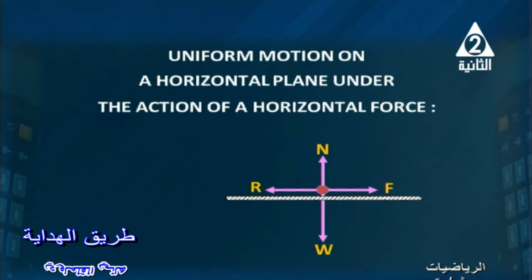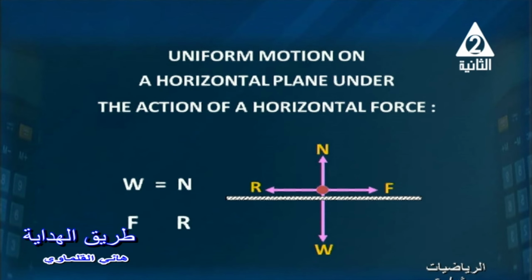We have a body of weight W that moves on a horizontal road. We have a normal reaction N perpendicular to the plane, and a force acting on the body F to move it, and a resistance force R in the opposite direction of the motion. So we have two equations. The first equation, the weight W equals the normal reaction N, and the force F equals the resistance force R.